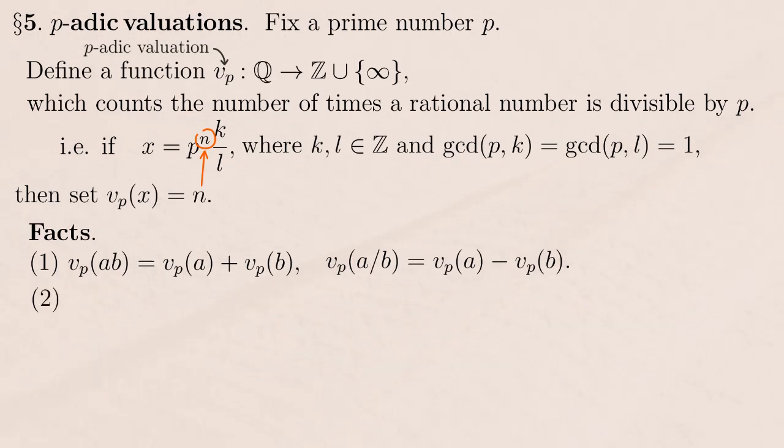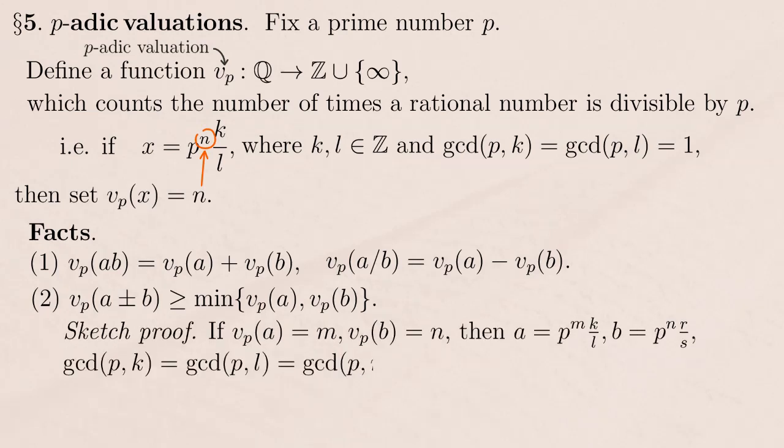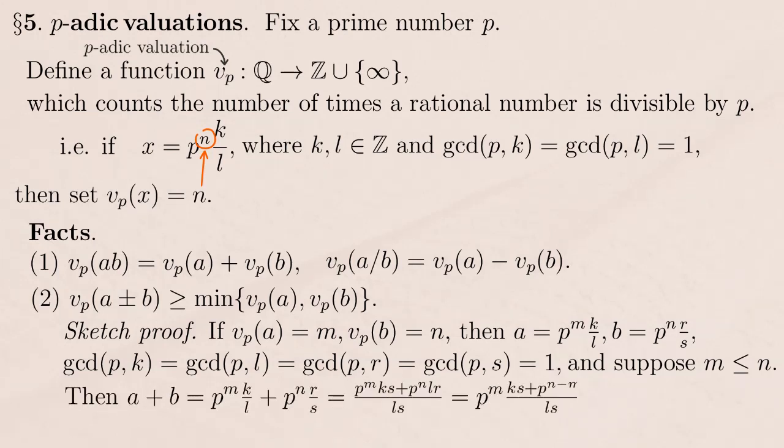Secondly, vp of a plus or minus b is at least the minimum of vp of a and vp of b. Okay, here's a sketch proof. Write a and b as above, and let's suppose that m is less than or equal to n. Then we can add a and b by finding a common denominator, and factorize out p to the m.